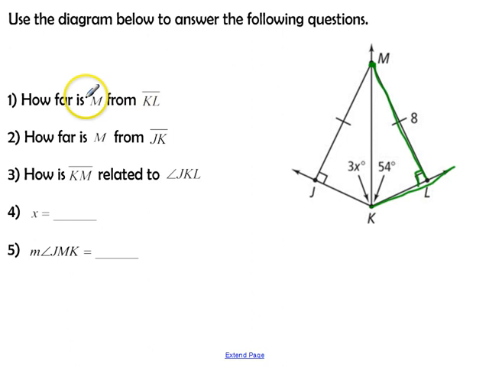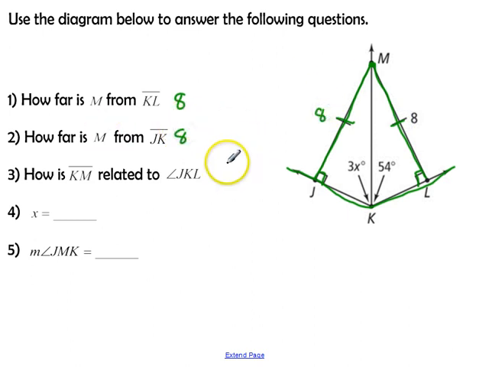So the distance from M to KL is going to be 8. It also asks, how far is M from JK? Likewise, we want to find the perpendicular segment to segment JK, and because it's congruent to ML, we can say that it's also 8 long.